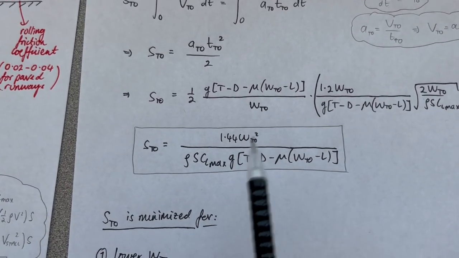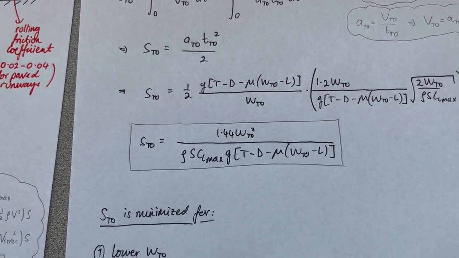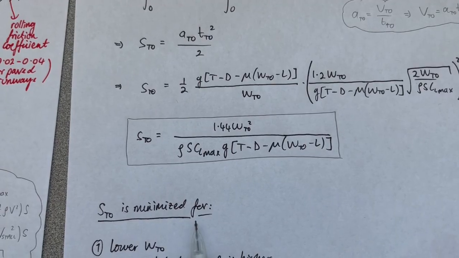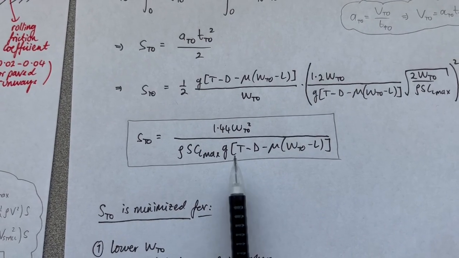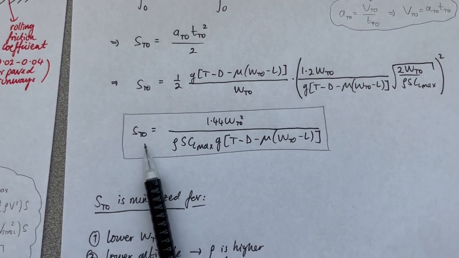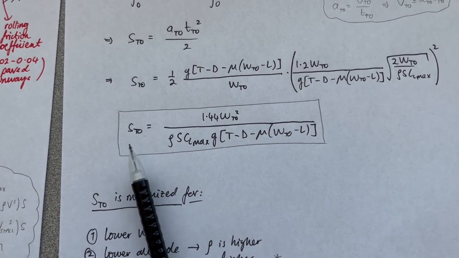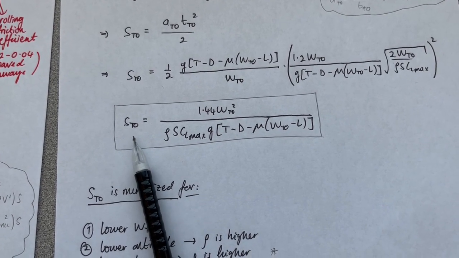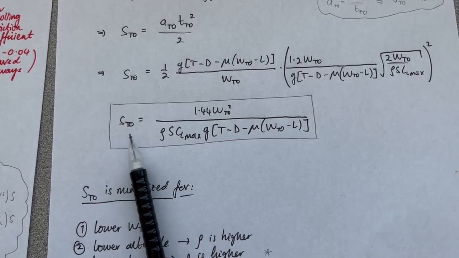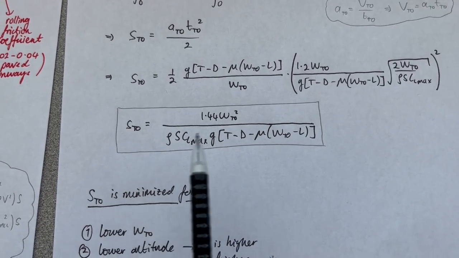So let's just have a look quickly at the individual terms, because generally the goal is to minimize our takeoff distance, right? Because that's going to mean that we can get in and out of more airfields and airports, right? If we're limited on runway distance, for example.